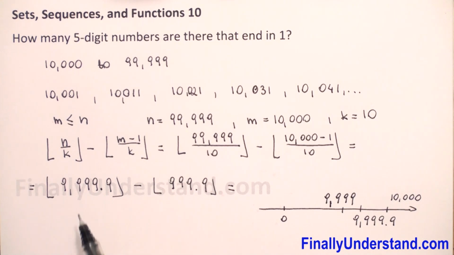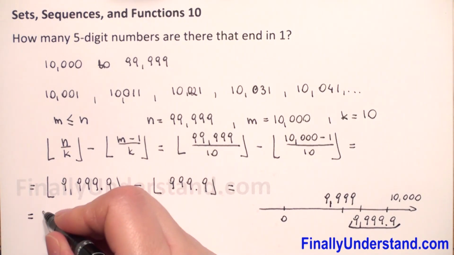So when we have to find the floor of a number, it means we have to find the largest integer which is less than or equal to this number. So the largest integer that is less, we have to take, because we have 0.9. So the largest integer which is less than this number is 9,999.